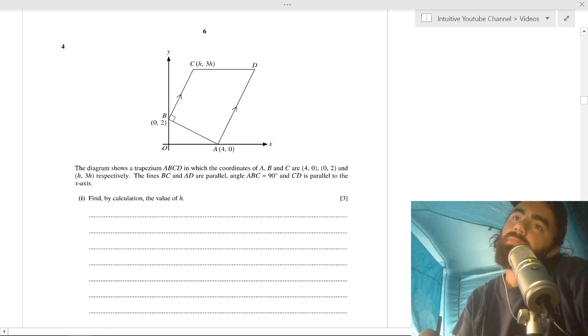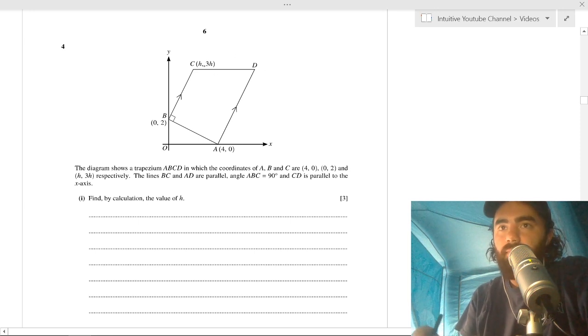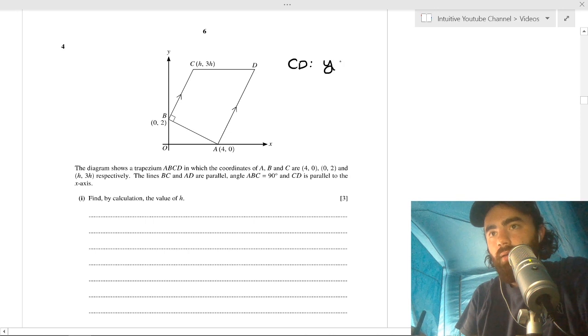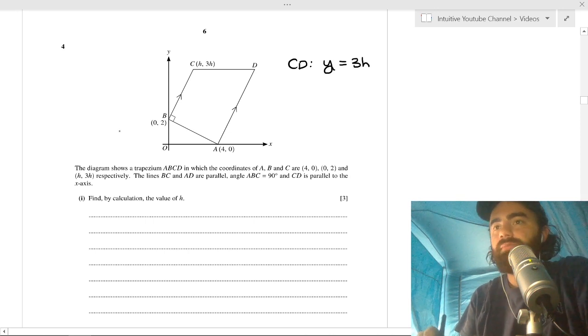Well, because CD is parallel to the x-axis, the line CD is going to be y equals 3h, right?